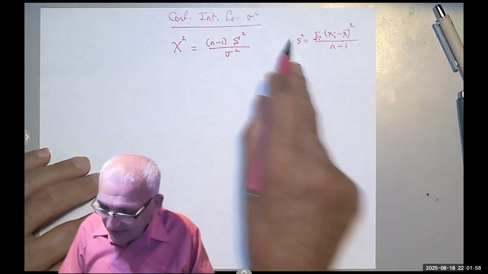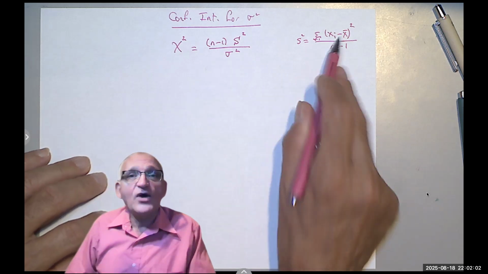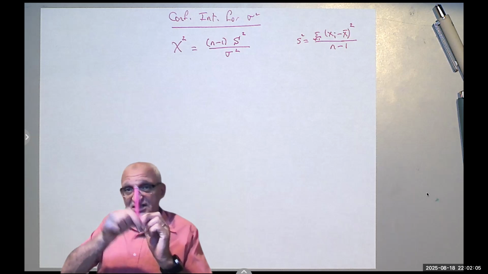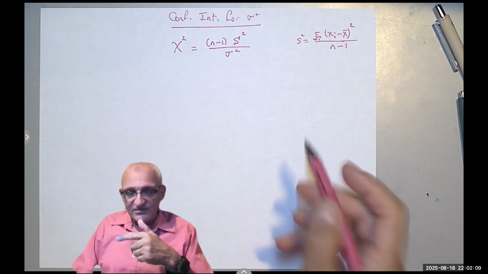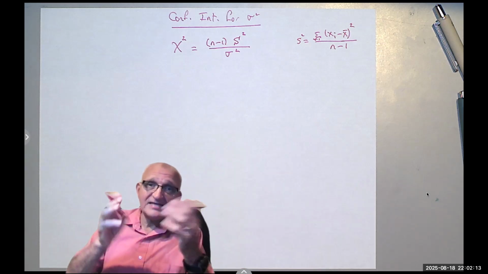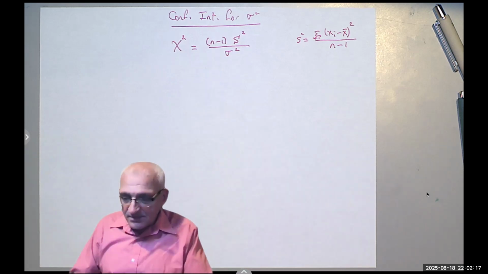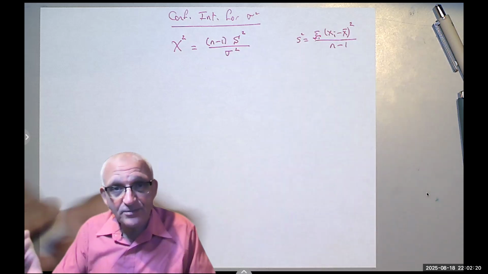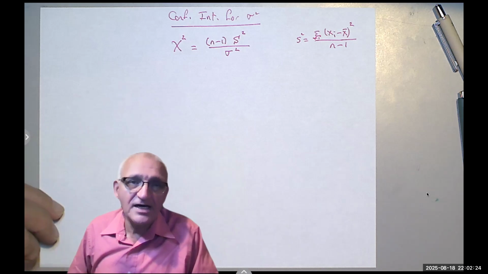So if I multiply these, the numerator is basically the sum square of the difference of each value and the mean in the sample. So every value in the sample, if you subtract from it the mean and square that, sum them up, that's the numerator. And the distribution of that random variable over the variance of the population is called chi-square.